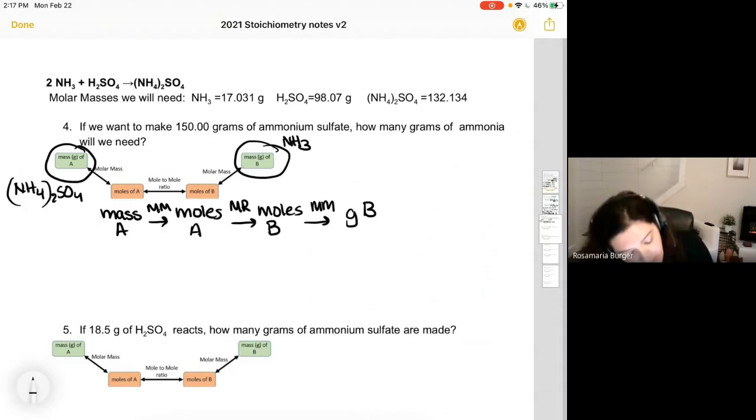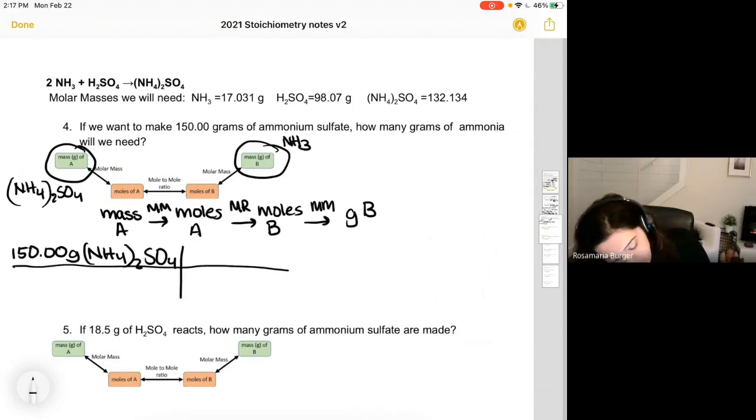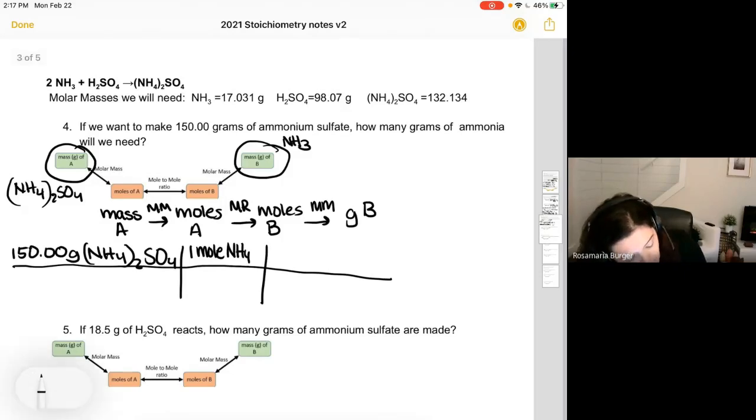So let's start with what we're given. We have 150.00 grams of ammonium sulfate, (NH4)2SO4. We've got to get rid of grams and get moles by using the molar mass. Well, in 1 mole of (NH4)2SO4, oh boy, I didn't leave myself enough room here.